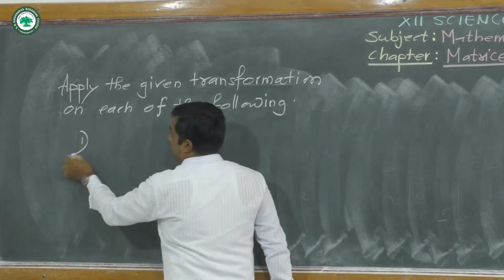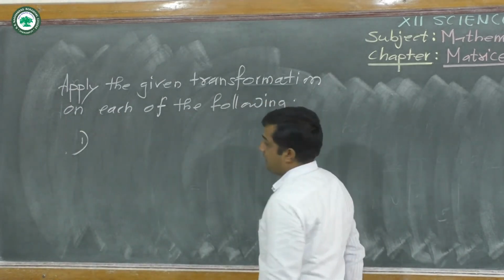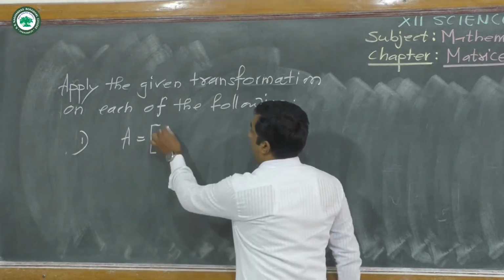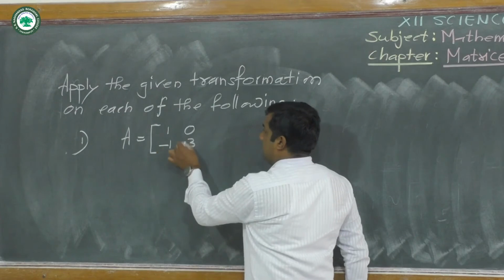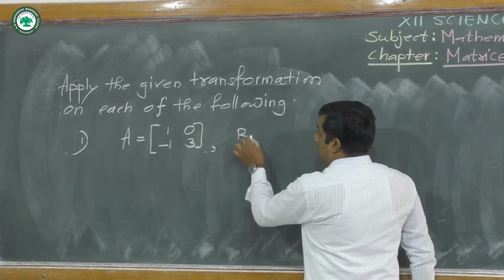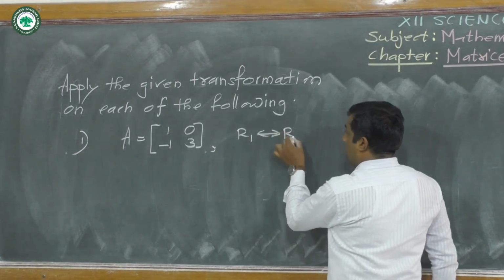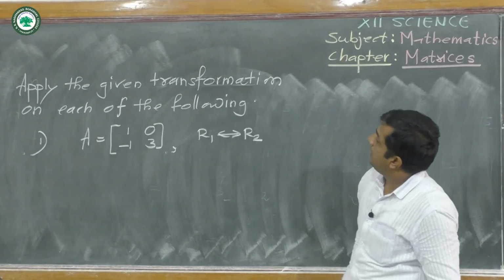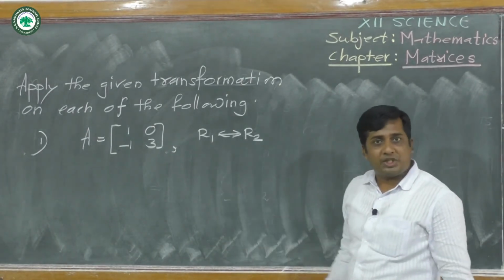Here in first we consider matrix A, having 1 0 in the first row and minus 1 3 in the second row, and the transformation given is row first interchange with row second. Okay, so we have to find this matrix by using this transformation.